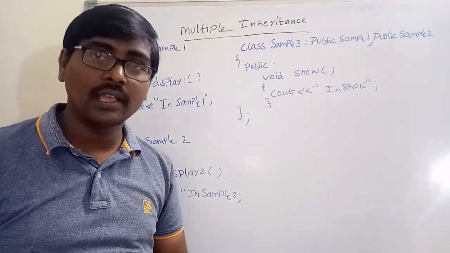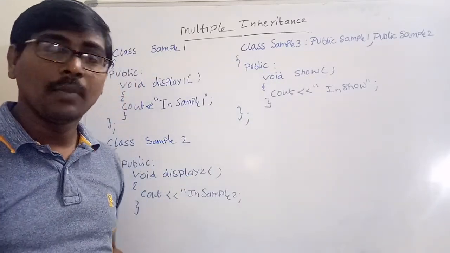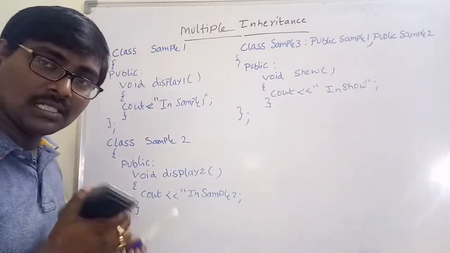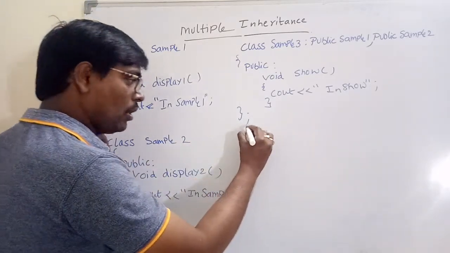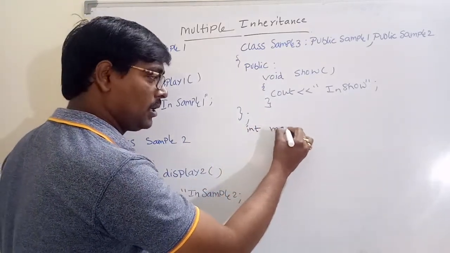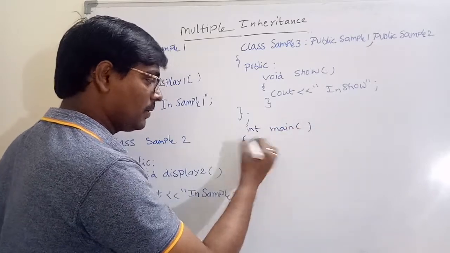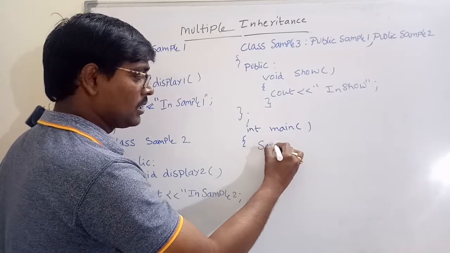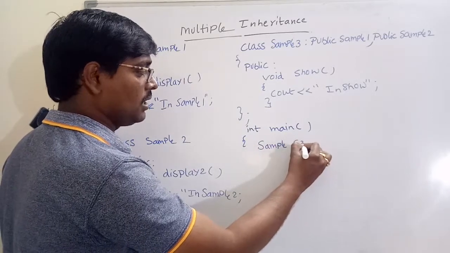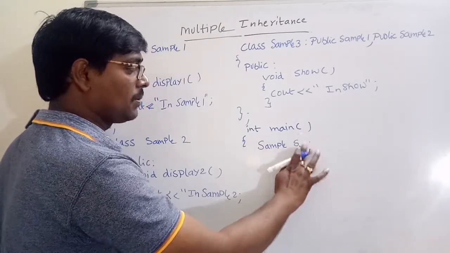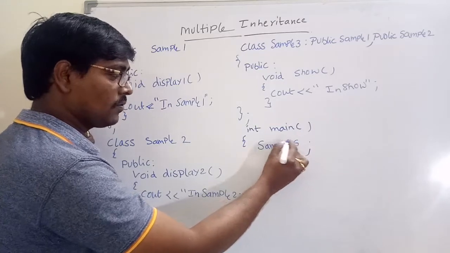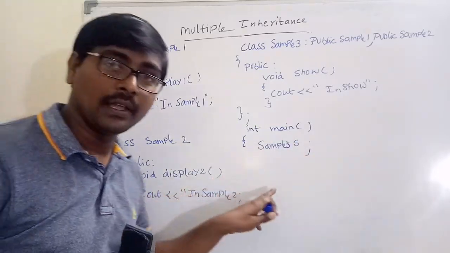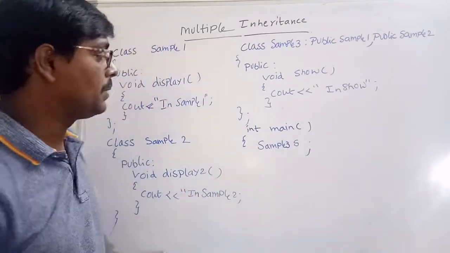Obviously we are creating an object for the child class. By using that object we can access all the parent members. Now observe carefully, in multiple inheritance we have a conflict. Int main, sample 3 s, suppose I am creating an object for sample 3.